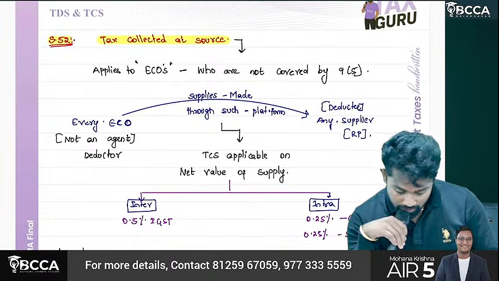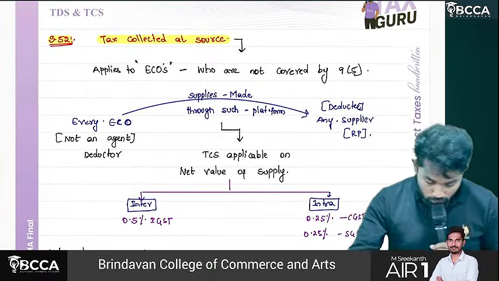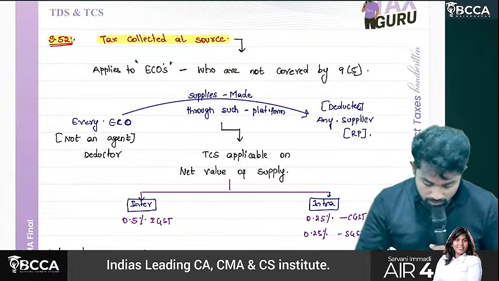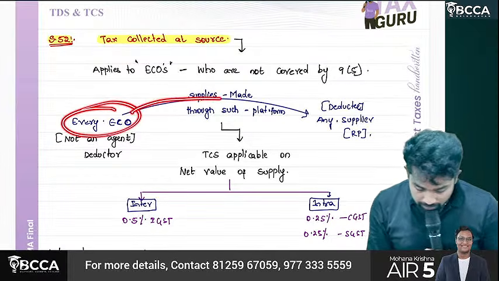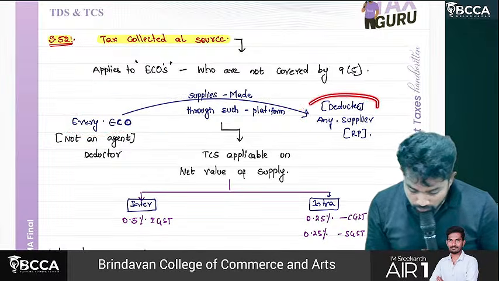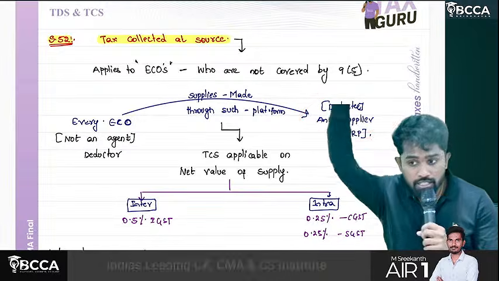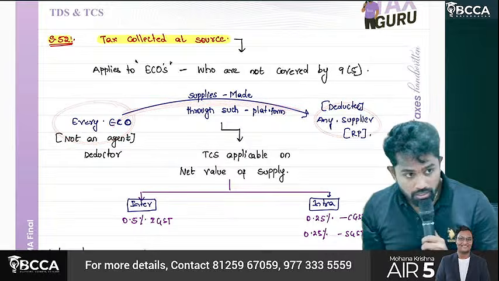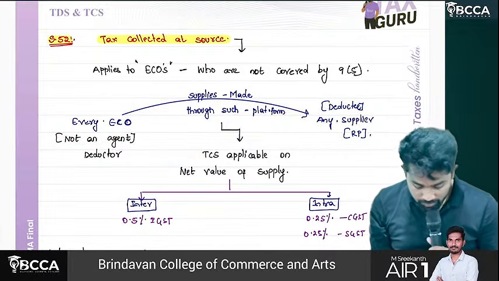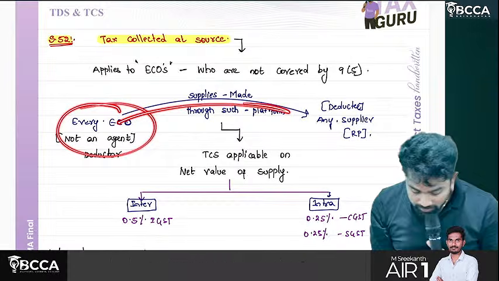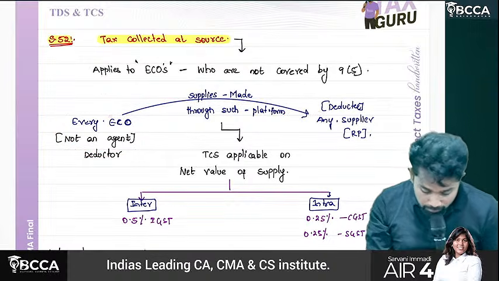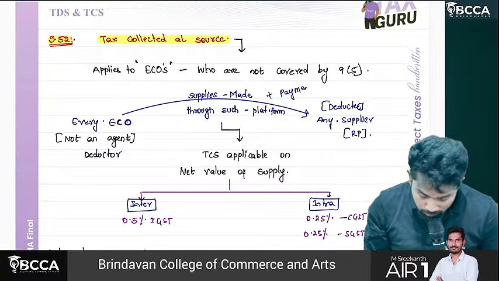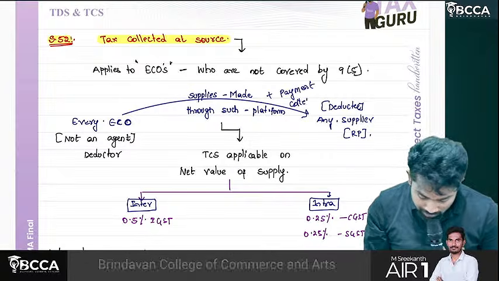Every e-commerce operator, not being an agent or distributor, makes supplies to any other supplier being a registered person. So an ECO makes supplies to another registered person, when the supplies are made through such platform, plus the payment is also collected by whom?